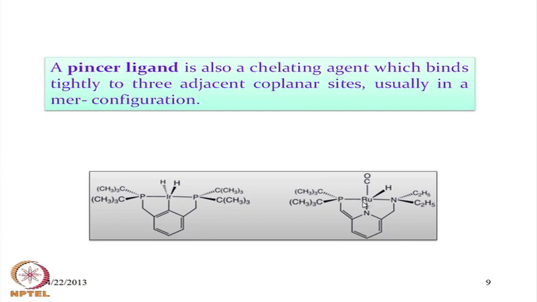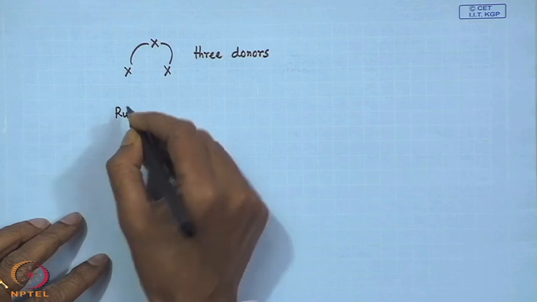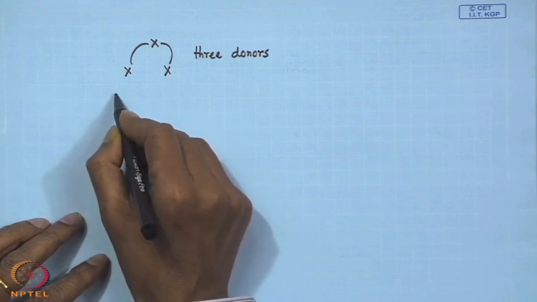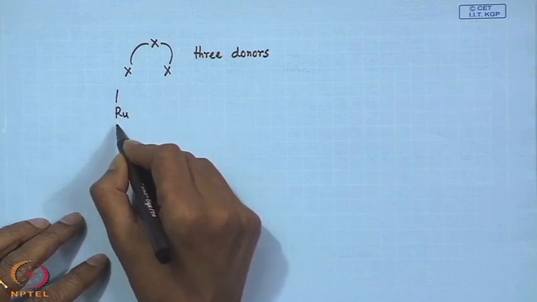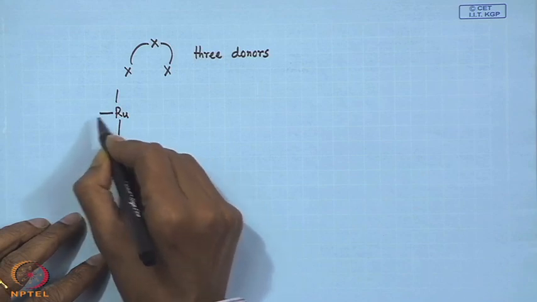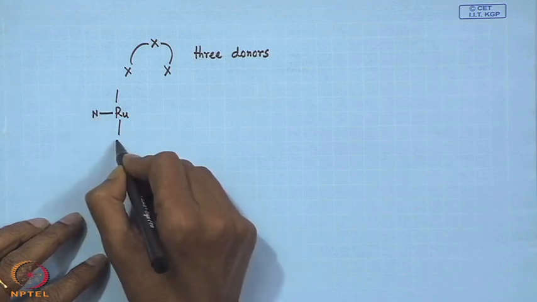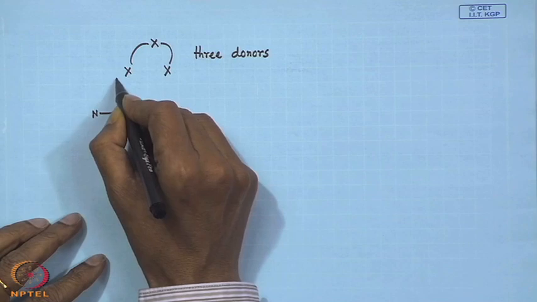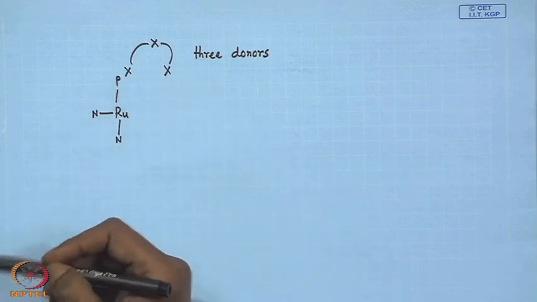So, what we find is a typical geometry for this ruthenium center, where we are providing a tridentate coordination around this ruthenium center. So, basically what we get is this nitrogen, this is another nitrogen, and this is the phosphorus.